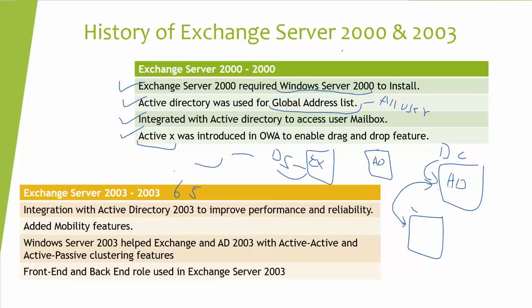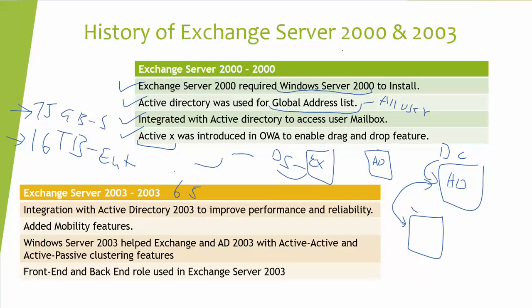The Standard Edition allowed a maximum database size of 75 GB. So 75 GB was the maximum database size for Exchange Server 2003 Standard. And then Enterprise Edition allowed 16 terabytes of database size. So that was the main difference between Enterprise and Standard Edition.